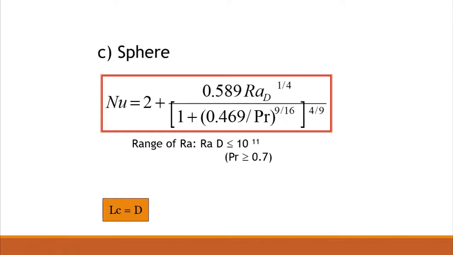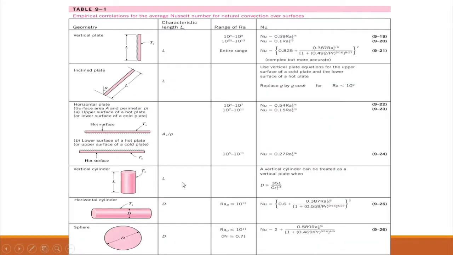Also the same for the sphere. Take a look at the type of geometry and the characteristic length, which is Lc. It is a little bit different, and it also has a different range given, and a different way of finding the Nusselt number.